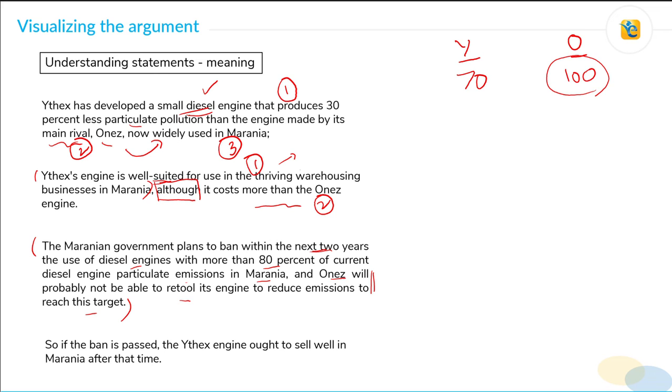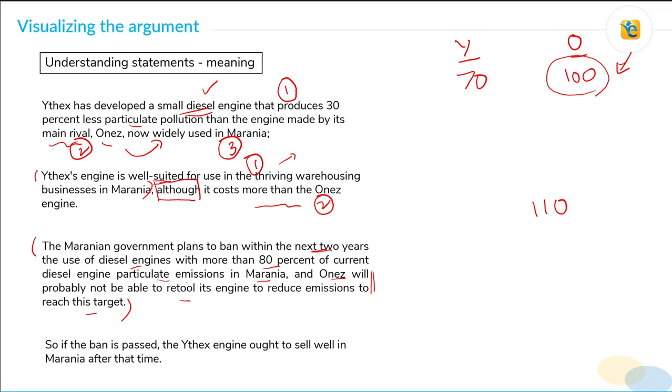So let's use an example to understand that. Let us say the current diesel particulate emission is 110. This could be anything that's 100, or anything greater than or equal to 100, because even at 100 the Onsus engine is allowed in Marania, it's widely used. So let's take a value of 110, for example. Let's say the current diesel engine particulate emissions in Marania is 110.